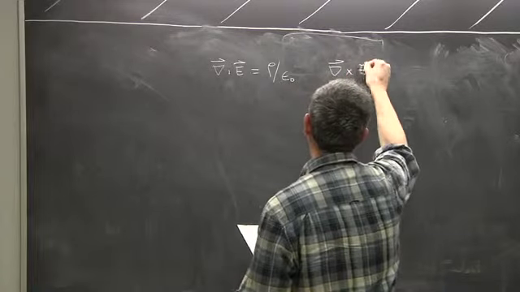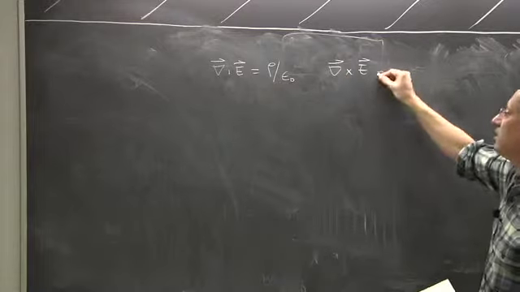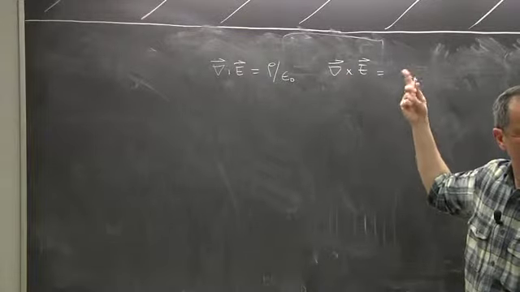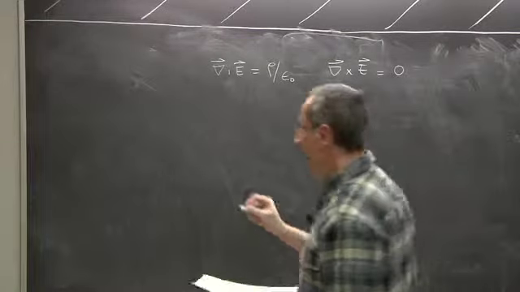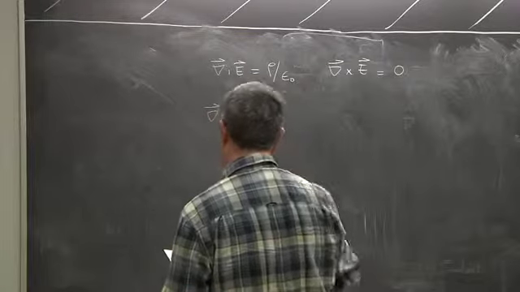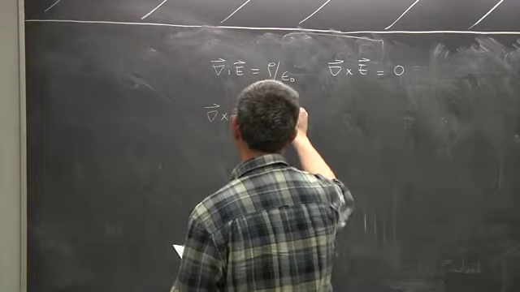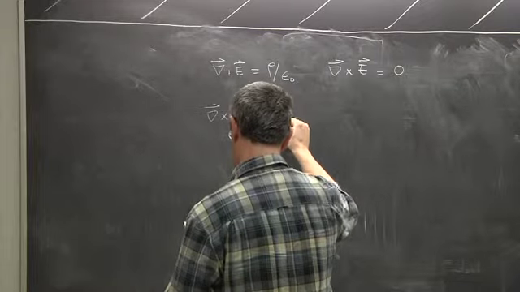So for the E field, you remember that this is whatever it is, but here I had this equal to minus dB/dt, but now it's equal to 0. And again, here I had the curl of the B, right? It was this 1 over... okay, I decided to write it this way.